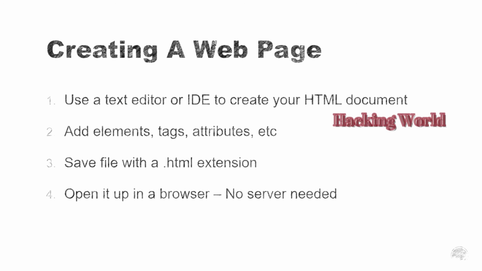All you have to do is add in your elements and tags and attributes, all your HTML code, and then save the file with a .html extension. And then you can simply open it up in a browser such as IE or Google Chrome or Firefox, and there's no server needed. HTML is completely viewable right on a client. You don't need to have some kind of web server. Just simply open the file with a browser.